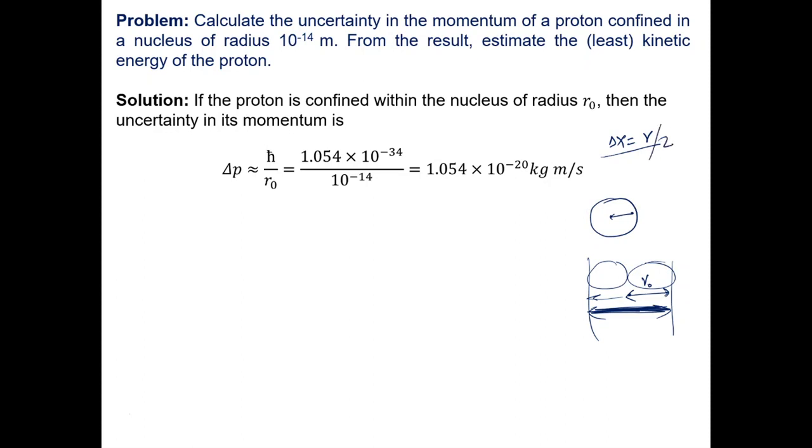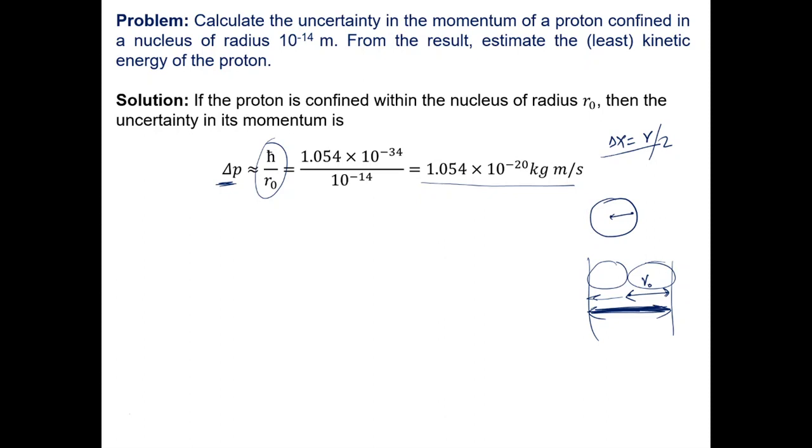If you take the mean or average uncertainty in the position and feed that value back, we get the average uncertainty in the momentum, which turns out to be h bar divided by r naught. We calculate this average, which is 1.054 into 10 to the power minus 20 kilogram meter per second.